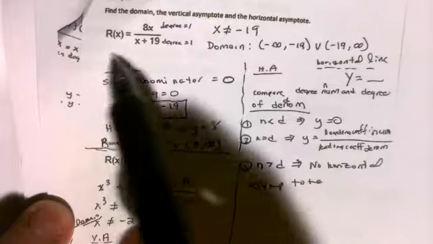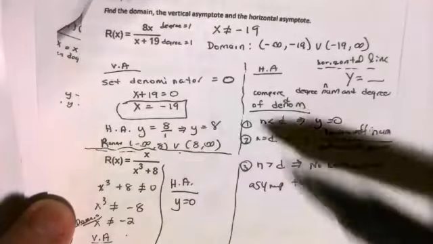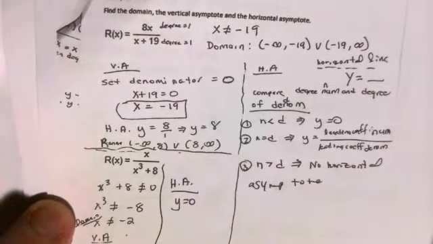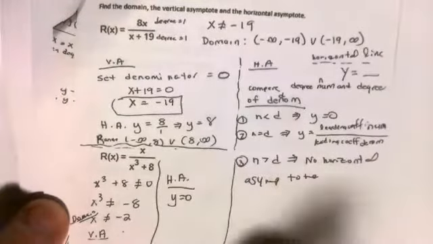That's the vertical asymptote. The horizontal asymptote, if you remember, there are 3 cases with the horizontal asymptote.